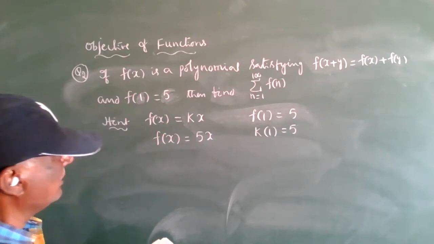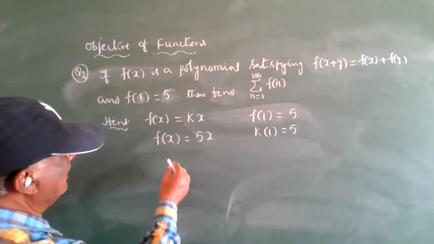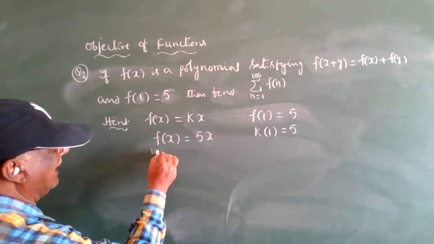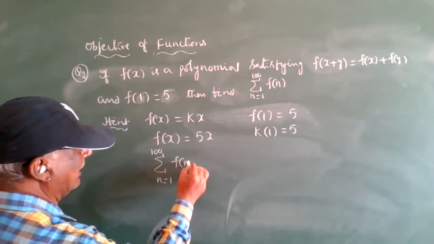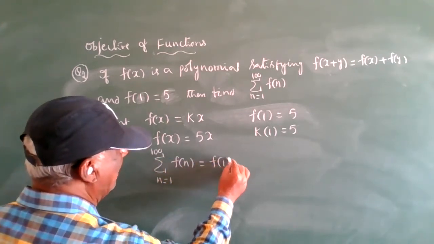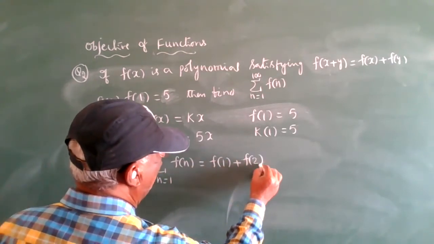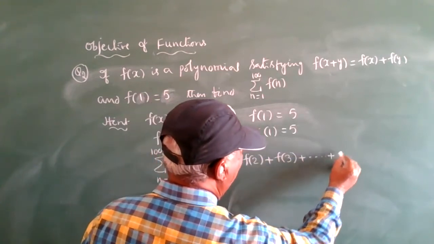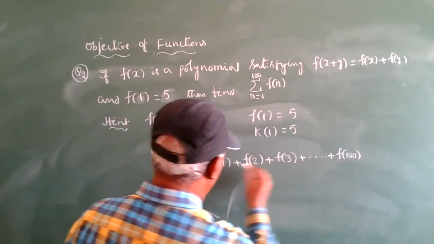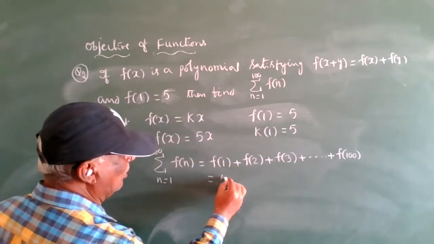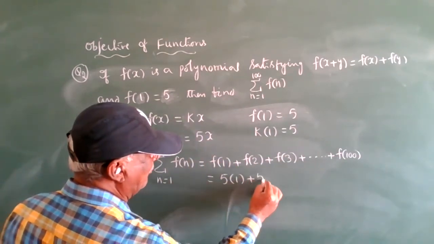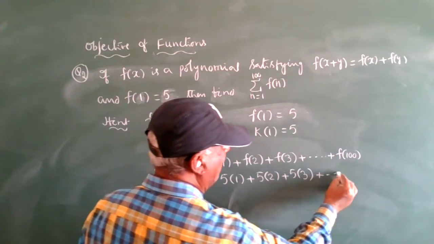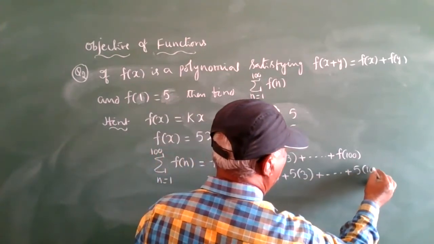We should write sigma n is equal to 1 to 100 of f of n, which is f of 1 plus f of 2 plus f of 3 up to f of 100. f of 1 means 5 into 1, f of 2 means 5 into 2, f of 3 means 5 into 3, f of 100 is 5 into 100.